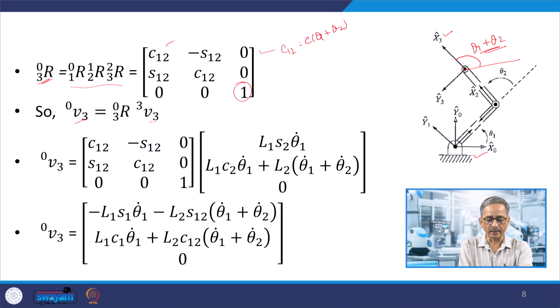I can do this if I multiply this by R30, and R30 is the one we have just evaluated. So, I can put it over here, V33 we have found out, and I can do this matrix and vector multiplication and I will get this V30.